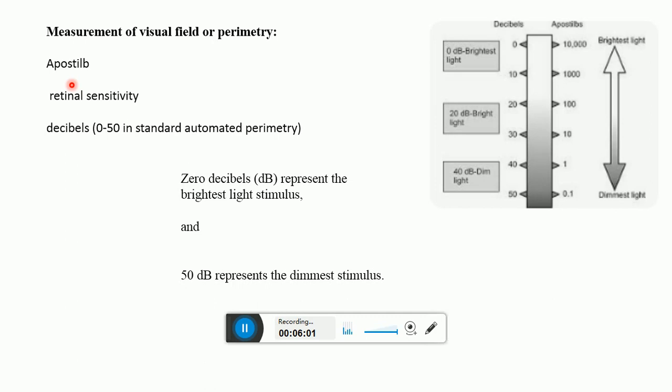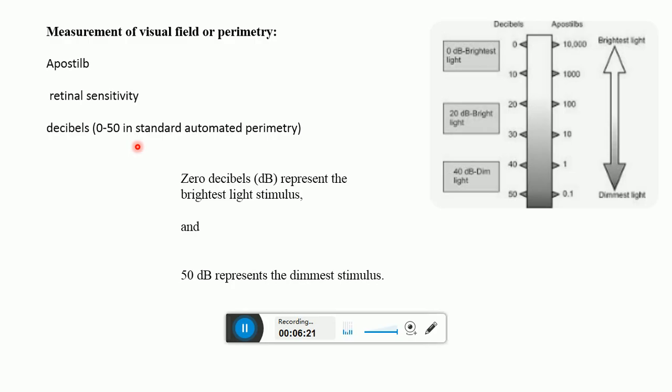Also, the human eye responds to a wide range of apostilb. Therefore, the sensitivity to light is measured in decibels, 0 to 50 in standard automated perimetry. Decibel is the logarithmic representation of the intensity of the light stimulus.